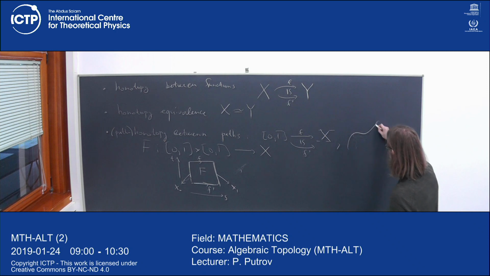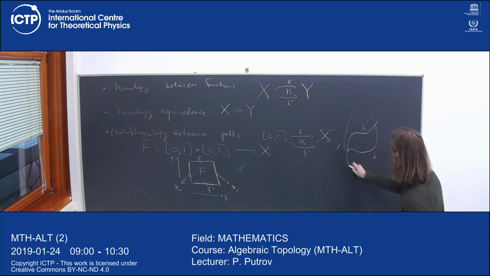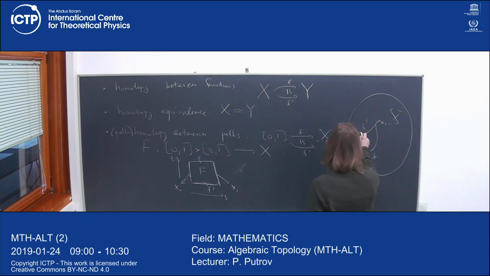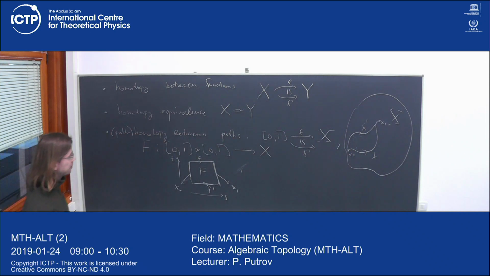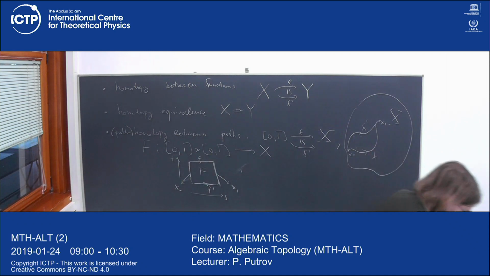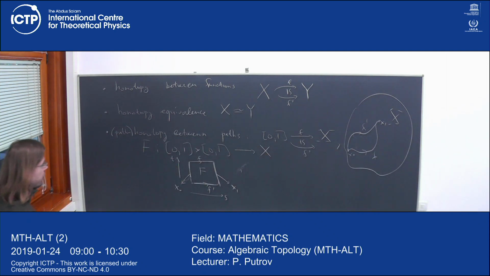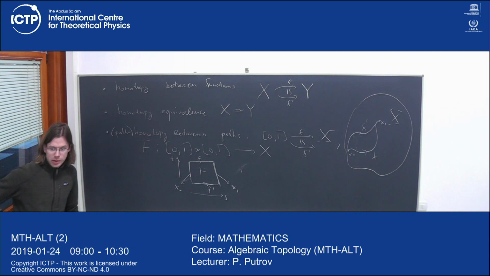One can visualize the image of the square as follows: it's a path f and a path f prime, with fixed start point x0 and endpoint x1. And so we proved a bunch of properties about these things. Are there any questions about the previous lecture?